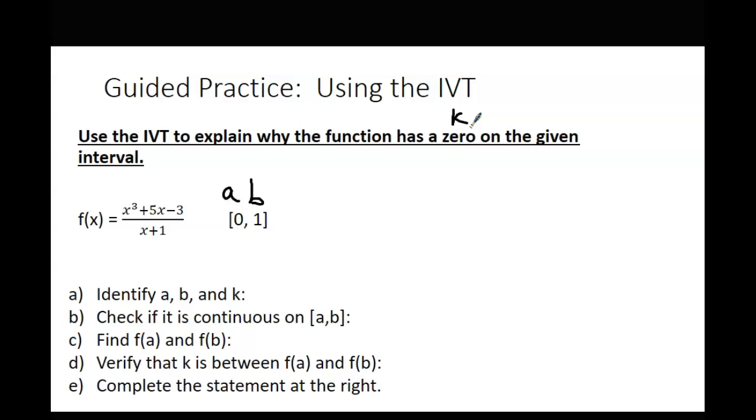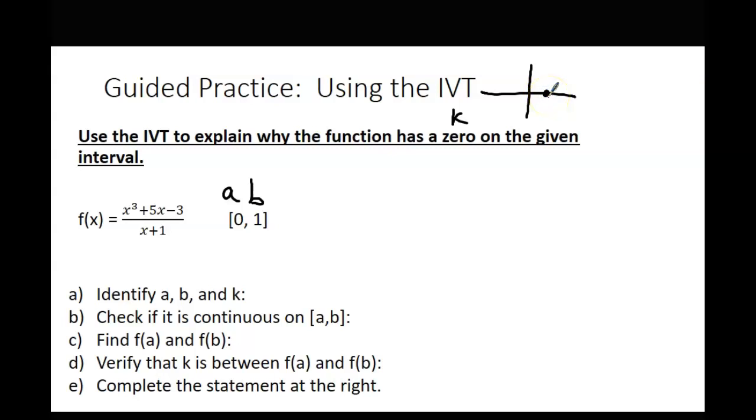It's a synonym for the root or the x-intercept. So what they're saying here is prove that there has to be a root, and this is really what the IVT is used a lot for in mathematics, to prove that there has to be some point where the line crosses the x-axis. So a 0 is where it crosses the x-axis.